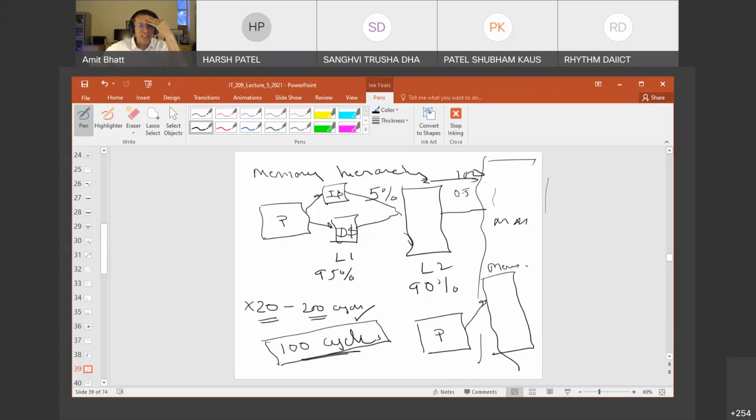As opposed to one cycle if it finds the data over here. But any data or any instruction you want to find, it would take 10 cycles. So this is a sort of a unified memory, and accessing any data or any instruction will take a fixed amount of time, which is more than this if you find it in L1, but it is guaranteed that it is 10 cycles.